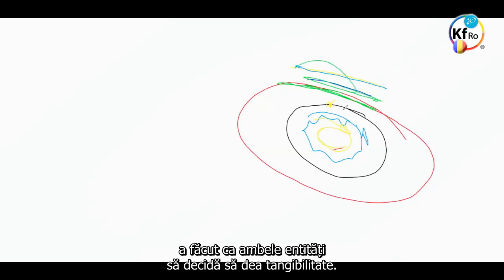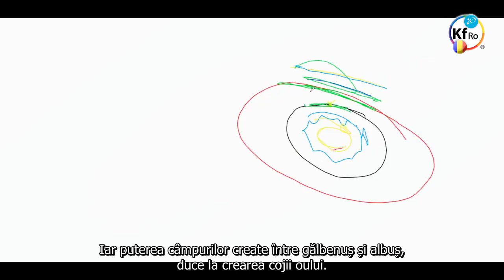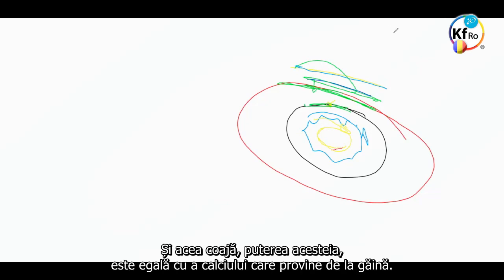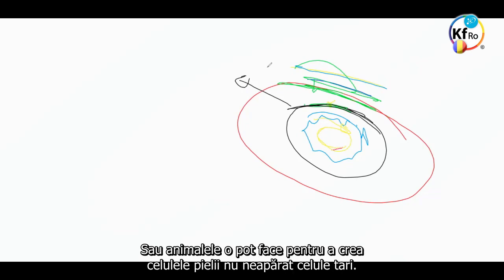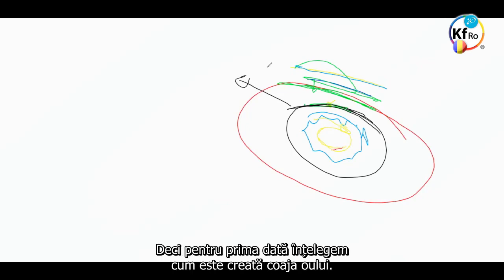Both entities decide to give tangibility, and the field strength created between the womb and the yolk and the white leads to the creation of the shell. And that shell, the strength decided, is equal to the calcium which is coming from the chicken. The chicken does not need to have calcium to build it. A chicken, or an animal, can do without calcium to create that skin shell, not necessarily the hard shell.